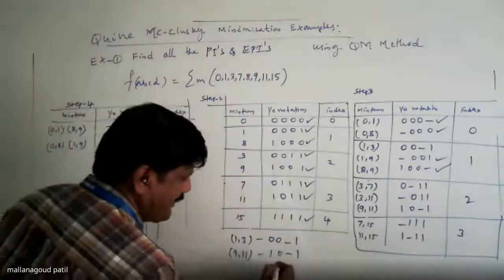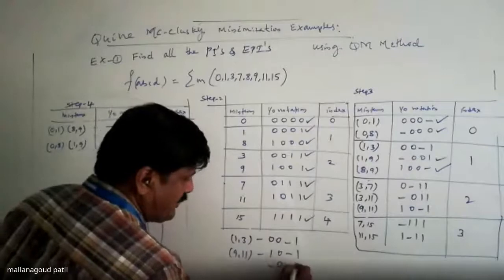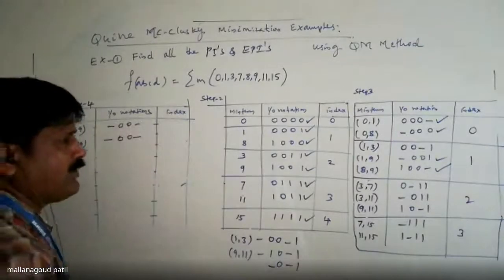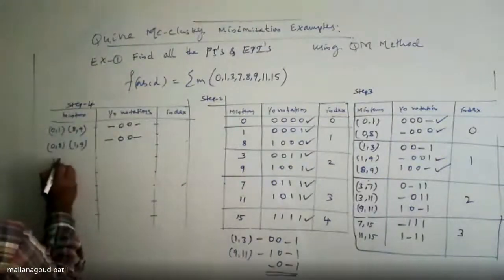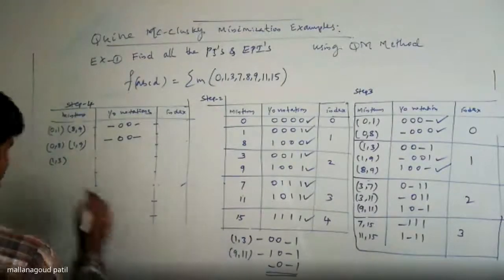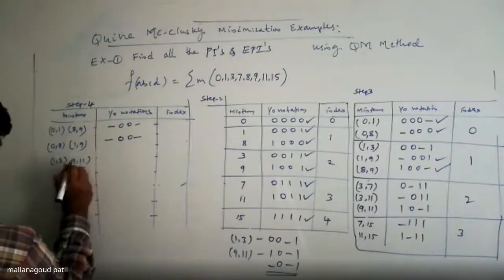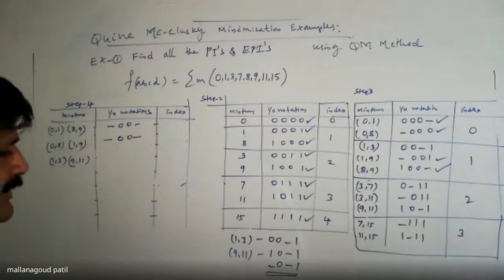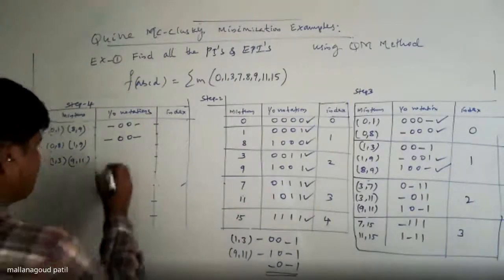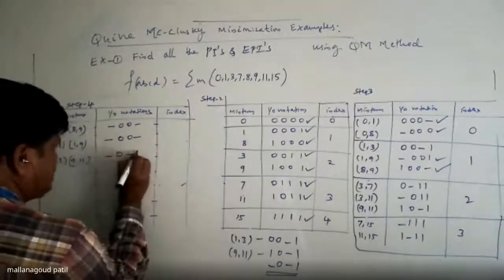Then the representation will be dash 0, dash 1. Now I want to write 1, 3, 9, 11. These two have to be written as dash 0, dash 1.